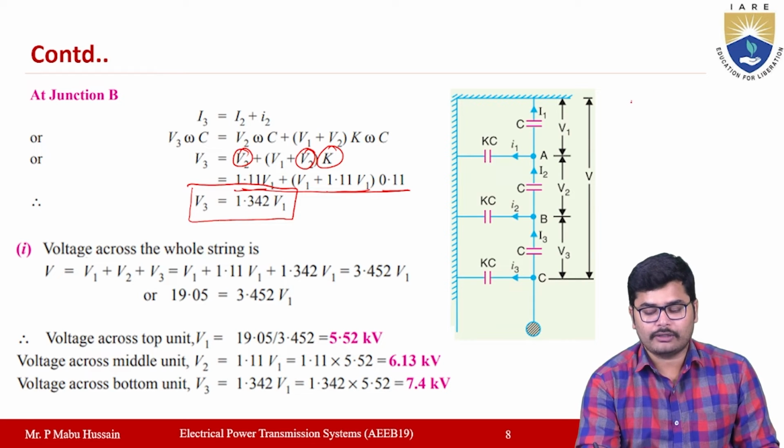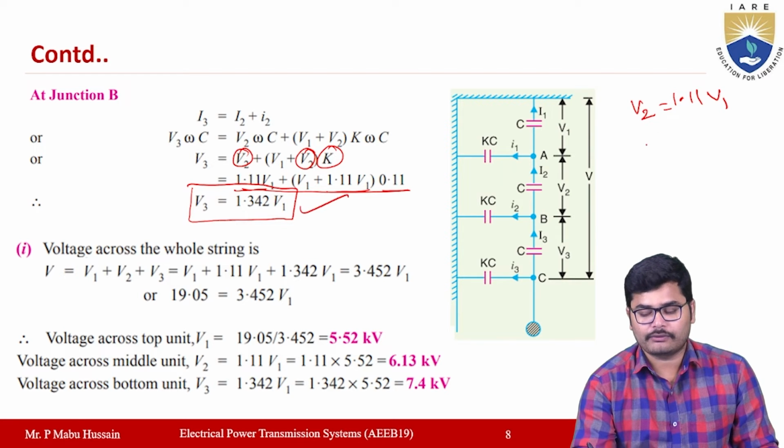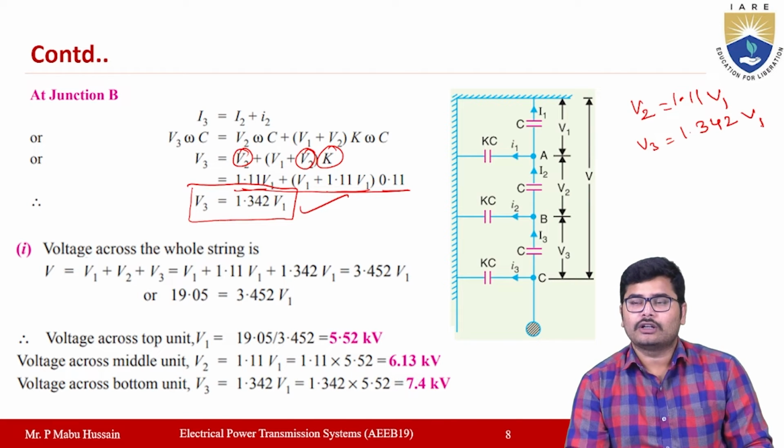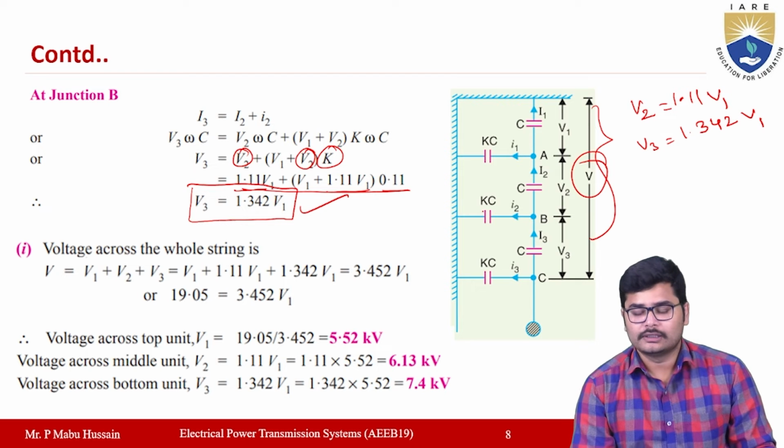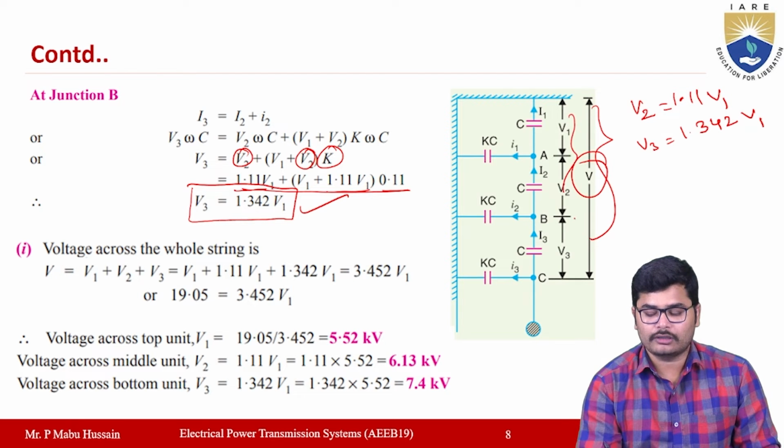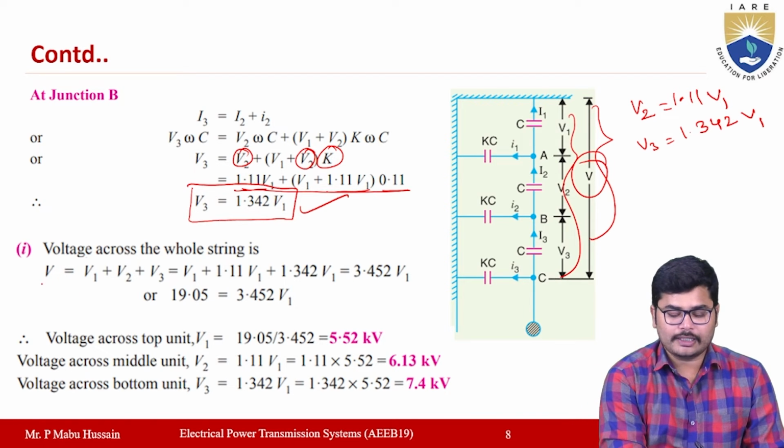So from the previous slide, V2 in terms of V1 is 1.11 V1, and from this equation, V3 is 1.342 V1. Now the total voltage across this is V, or V phase. This V is nothing but the sum of all these three voltages. So V is the sum of V1, V2 and V3.